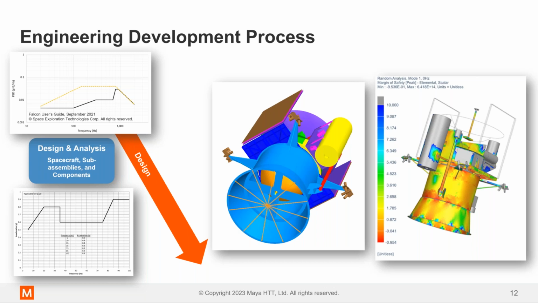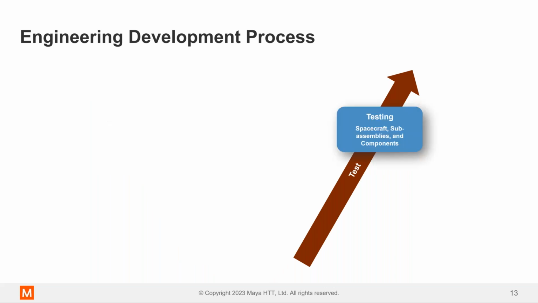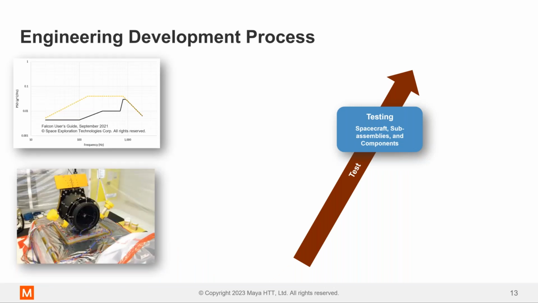So you might take a full satellite model, or you might take individual components of that satellite and analyze them to the specific PSD inputs and acceleration inputs. And then you go and build it, you build the components, build your satellite, and then you're often testing on the back end, often with a base shake on a shaker table, so it's base-driven vibration, and that kind of matches the analysis you're getting.